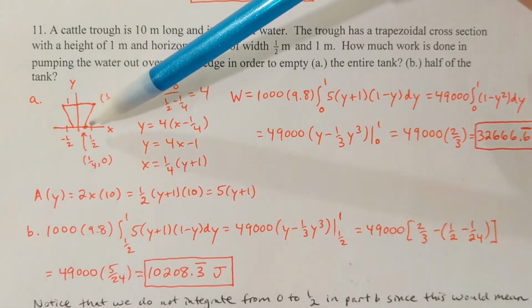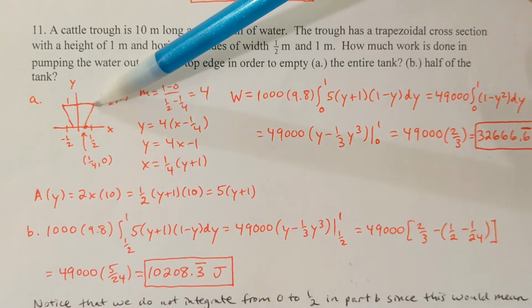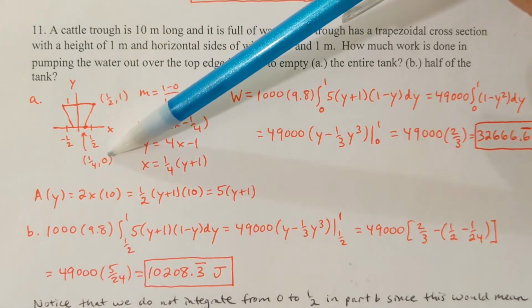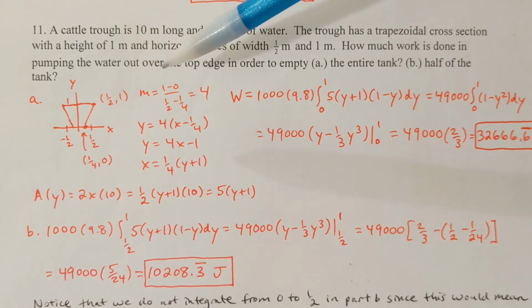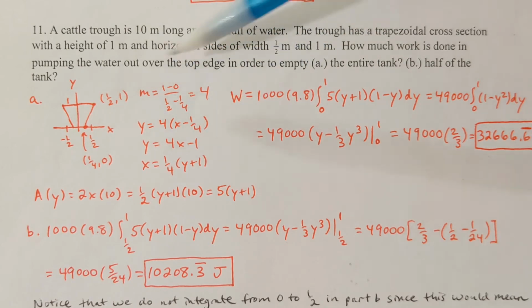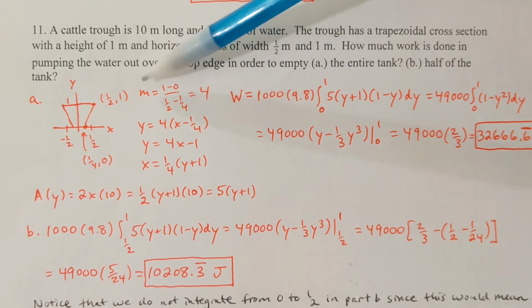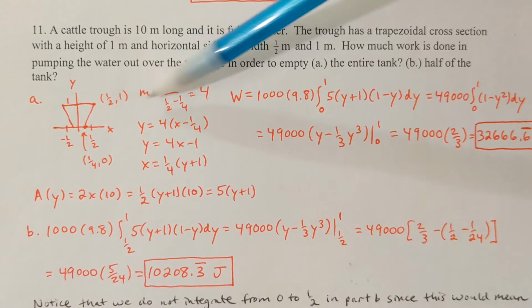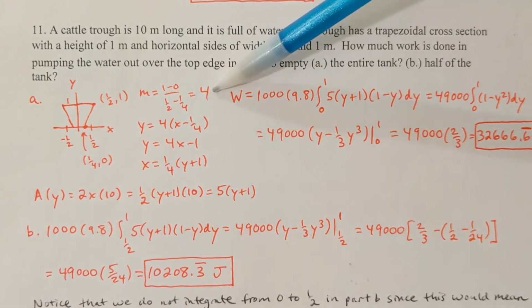Well, let me work with this line segment here passing through these two points, 1/4, 0 and 1/2, 1. And let me get the equation of that line. The slope of the line, change in y over change in x, would be 1 minus 0 divided by 1/2 minus 1/4, that'd be 4.